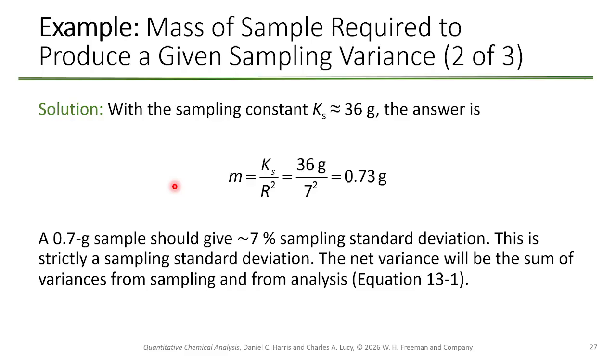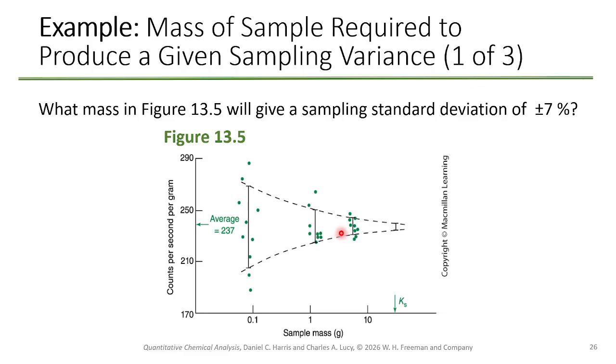What would happen if we took a larger sample of that? What happens if we take larger samples? Our standard deviation is going to go down, isn't it? Okay, so we were about there, right?